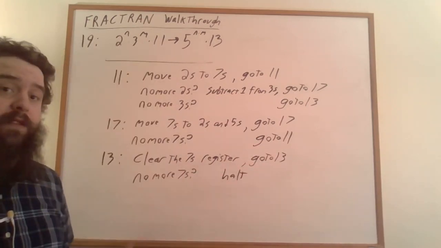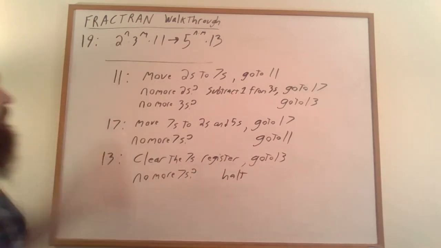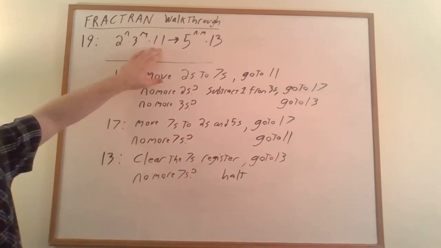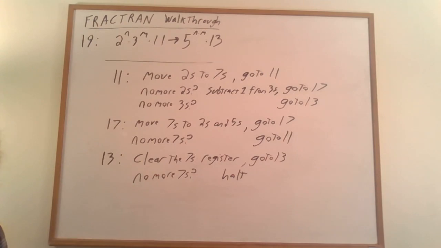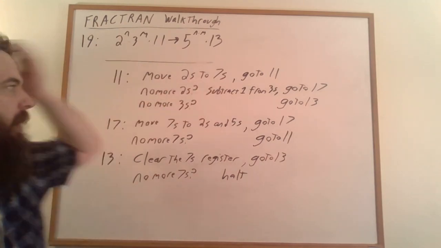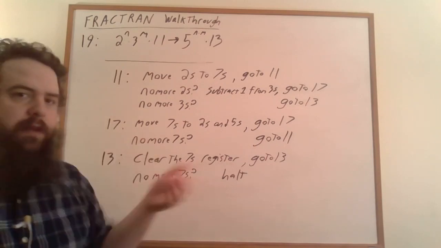So one possible solution, and there are many, looks something like this. If we're in the 11 state, that is, there's an 11 control prime present, we first want to move all of the 2's to 7's. Now, it doesn't actually matter when we do this copying, right?